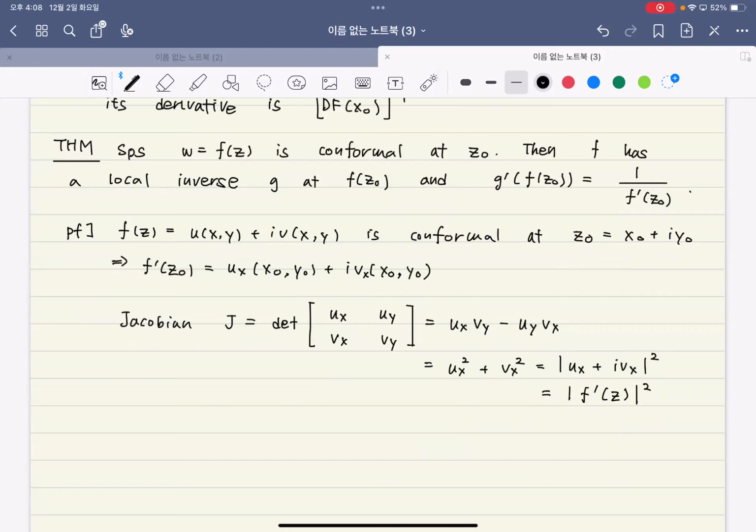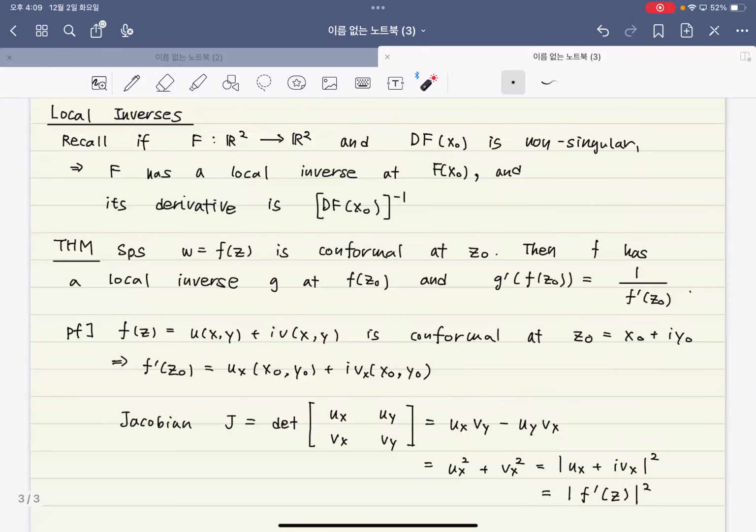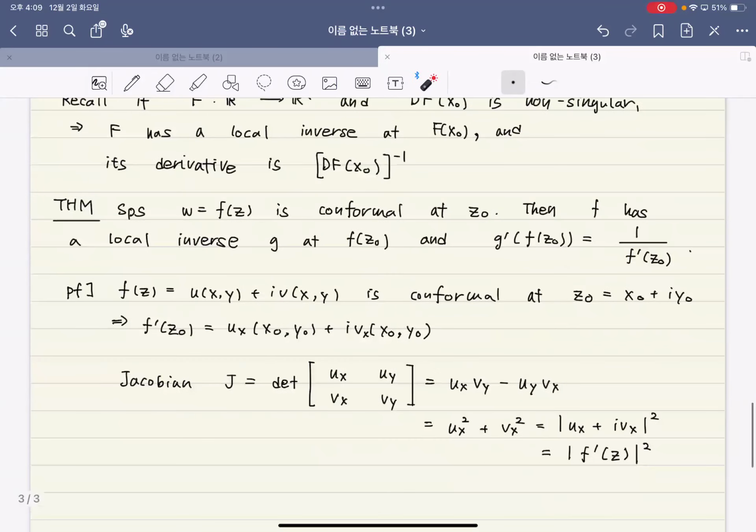However, in this case, since we are assuming my function is conformal at this point, the derivative is never zero. Therefore, the Jacobian is always non-zero. And if the Jacobian is non-zero, that means the matrix derivative is non-singular. Therefore, my function allows a local inverse.